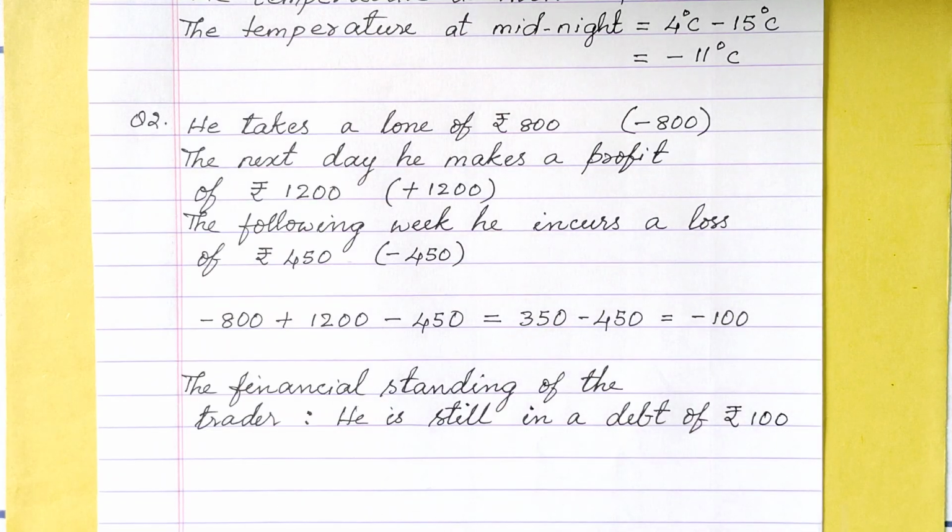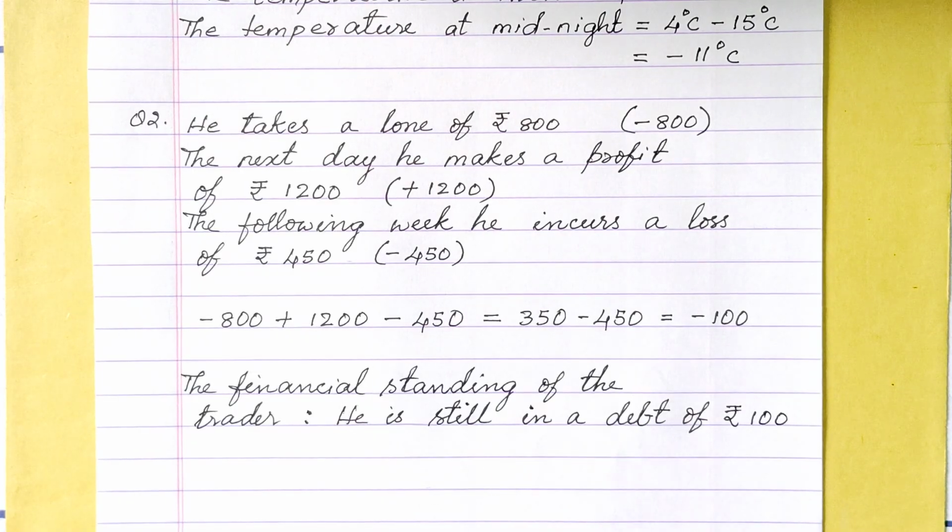Still he is in a debt of rupees 100. This is the financial standing of the trader. Now we'll go to the question 3.